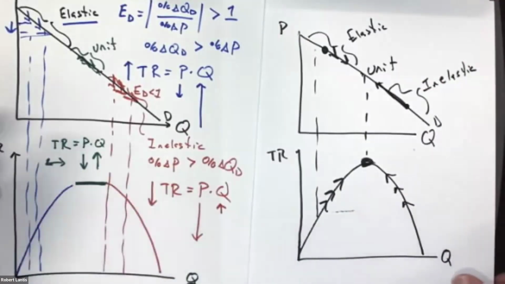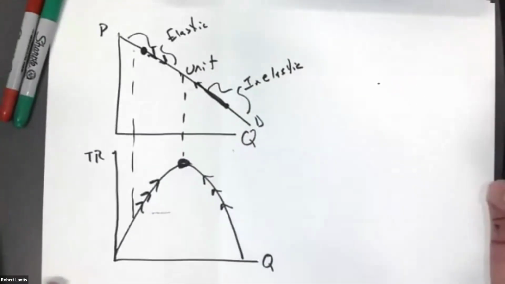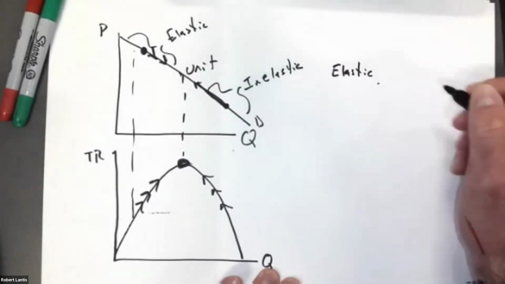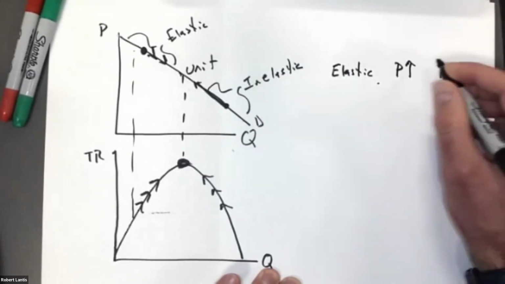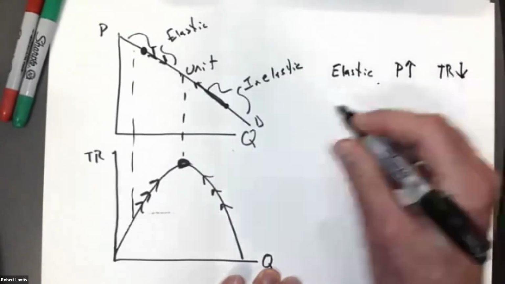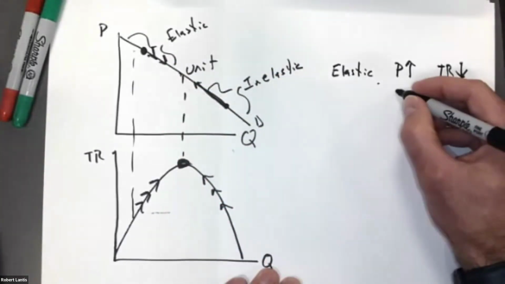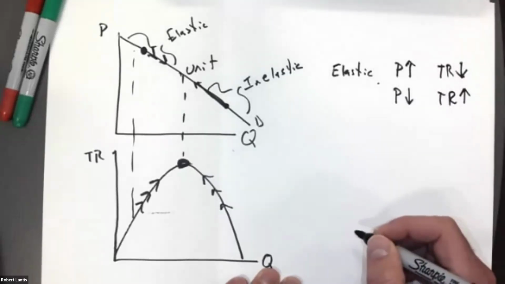Okay. So another thing you could have written out just to help you remember this: when demand is elastic, increasing prices will decrease total revenues. So if I increase price when it's elastic, that would decrease my total revenues. Or said differently, lowering the price will increase my total revenues.